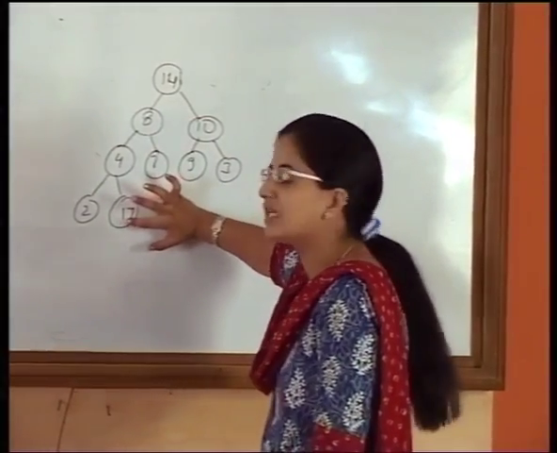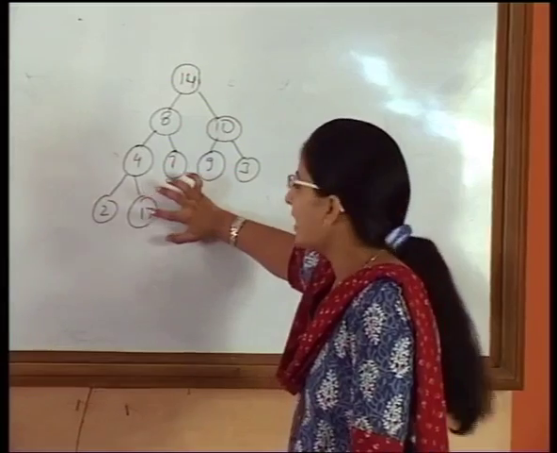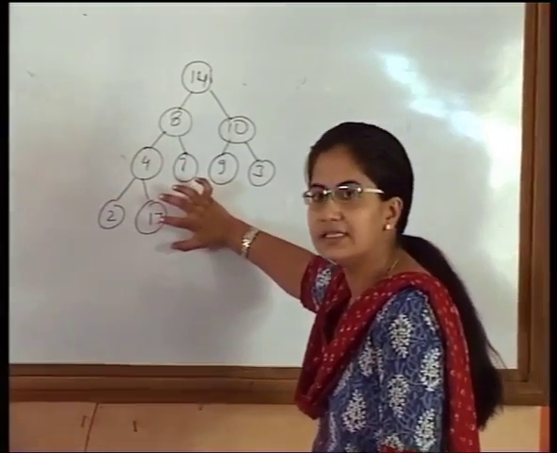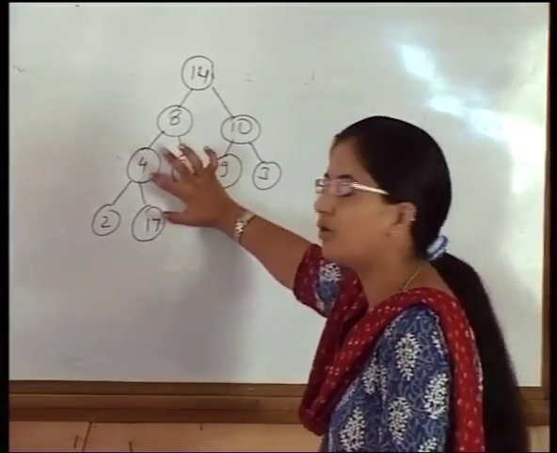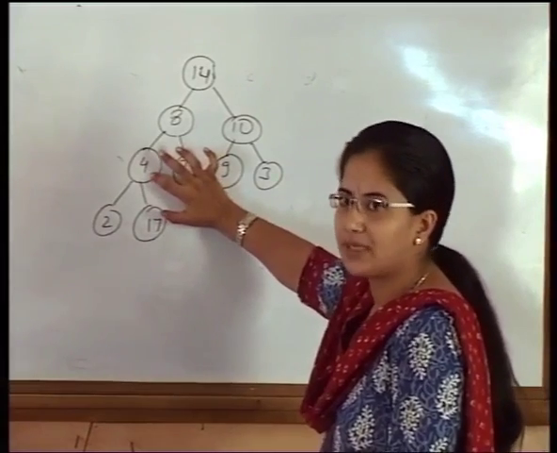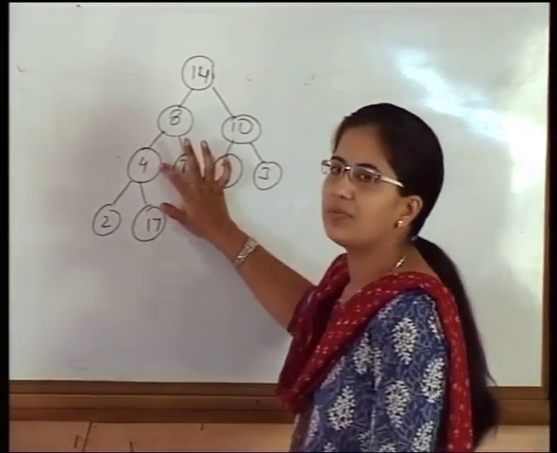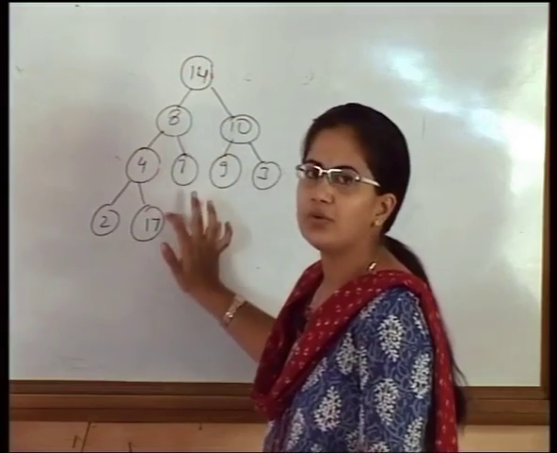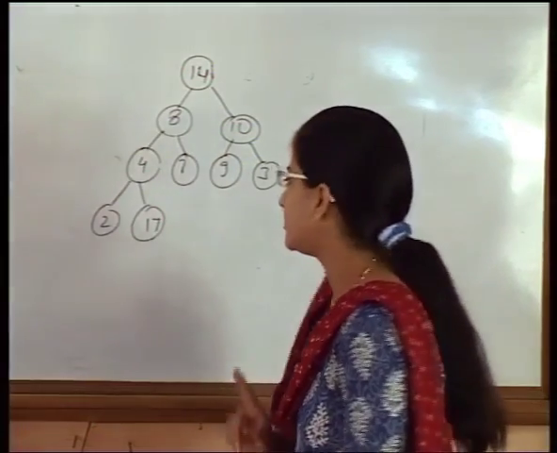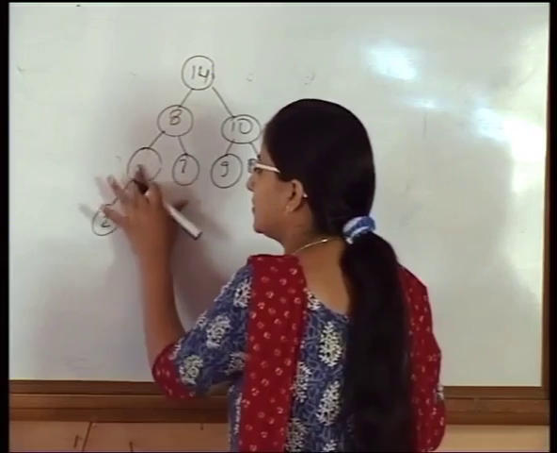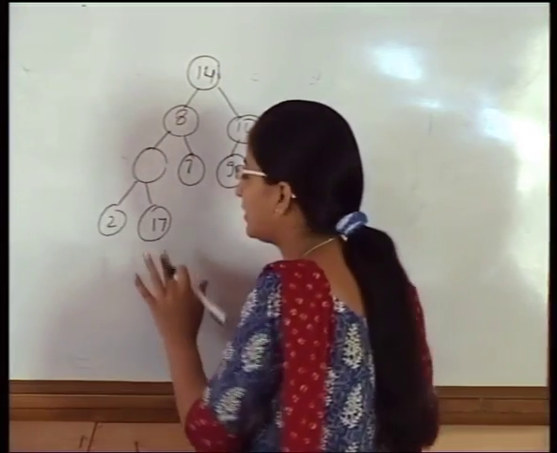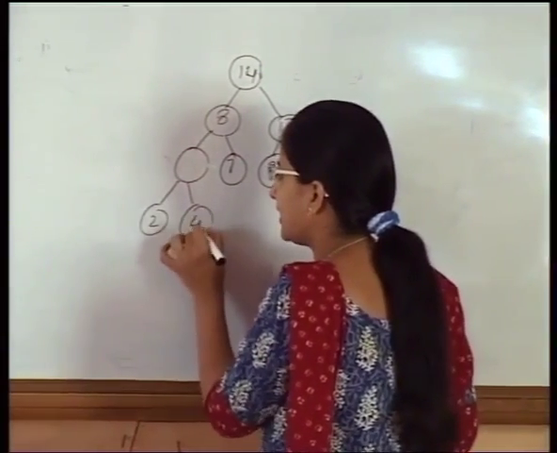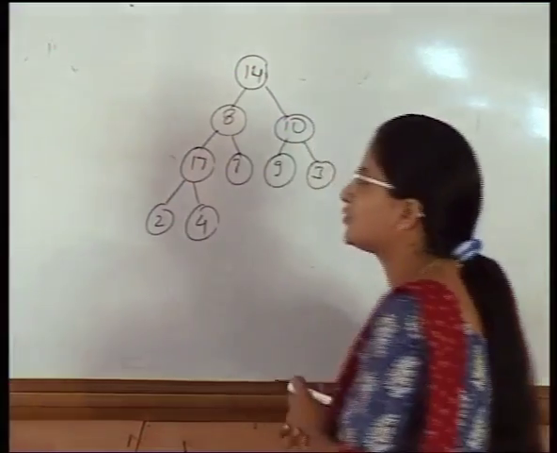When I increase this key value, I have to check whether it is smaller than its parent or not, because the max heap property is the parent must have the maximum or equal value as compared to its child nodes. So since 4 is smaller than 17, 4 should lie here and 17 supposed to come here.